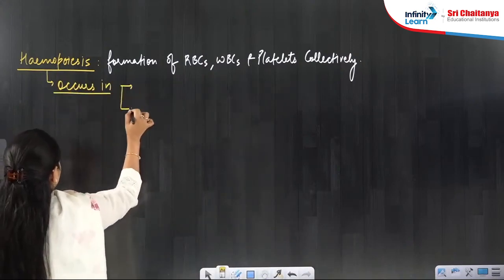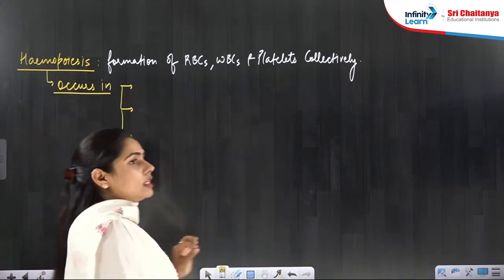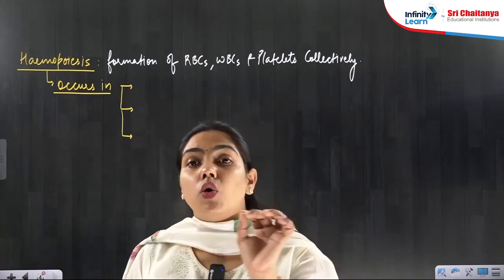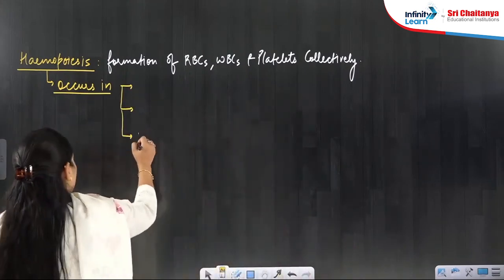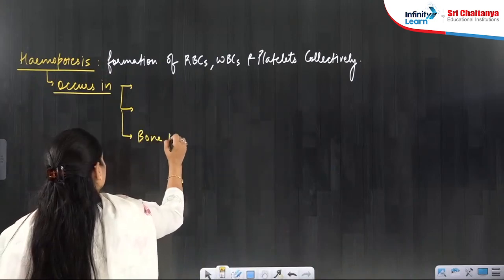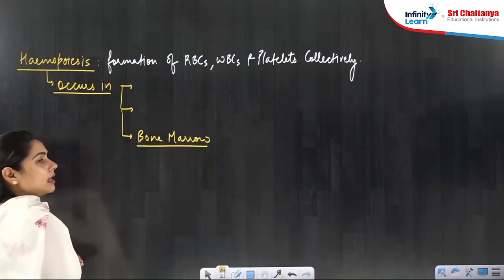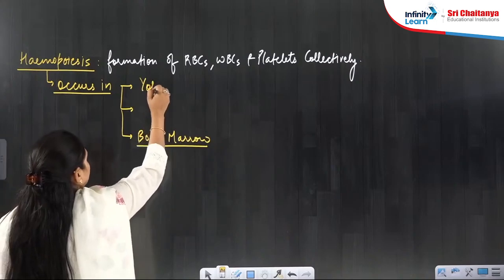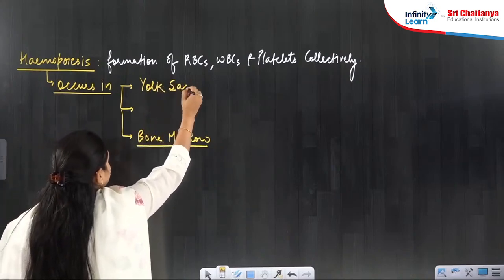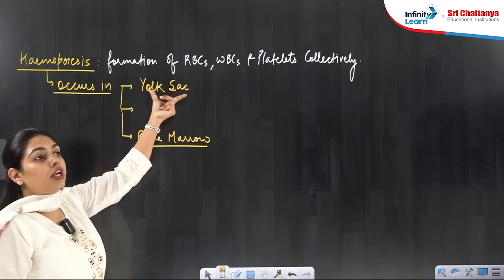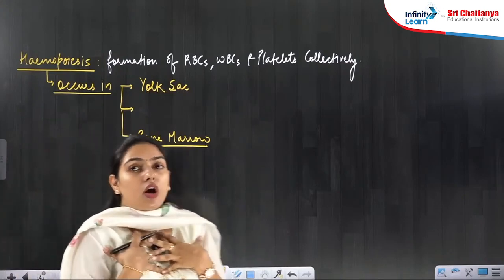So beta, let me tell you, it is not only occurring in the bone marrow. It can also occur in the yolk sac, which is a structure present in embryonic life. We are not embryos now, we are adults.